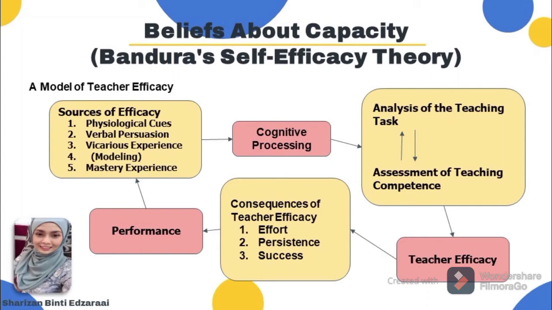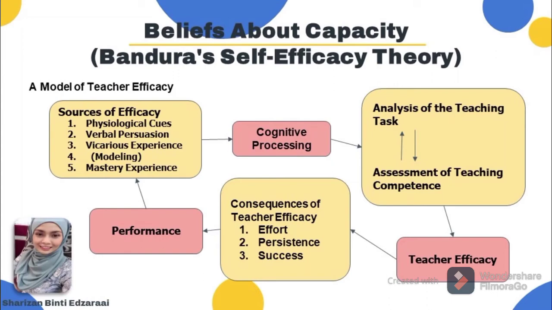So what we have here is analysis of the teaching task and also assessment of teaching competence. In analyzing the teaching task and its context, the relative importance of factors that make teaching difficult or act as constraints is weighed against an assessment of the resources available that facilitate learning.